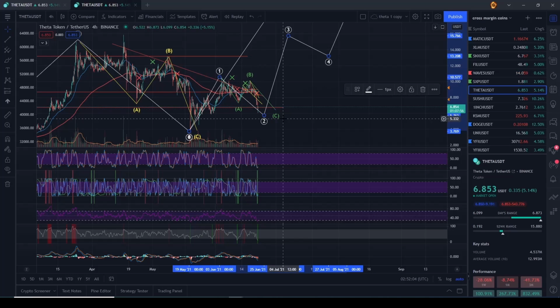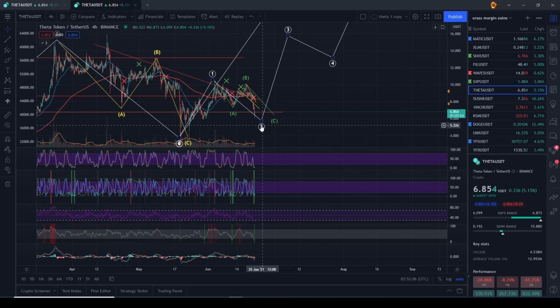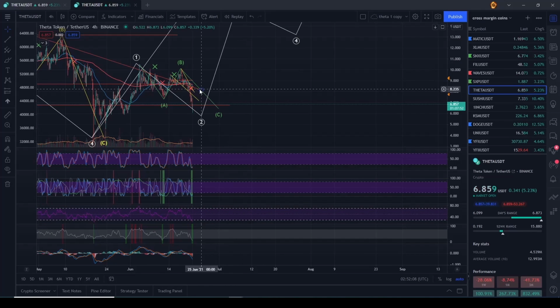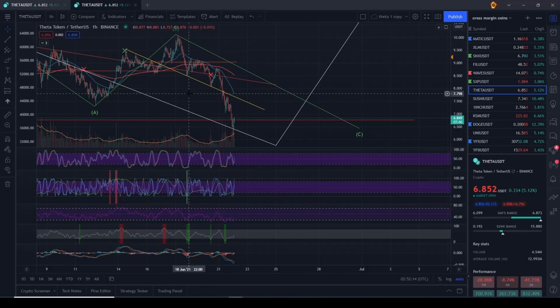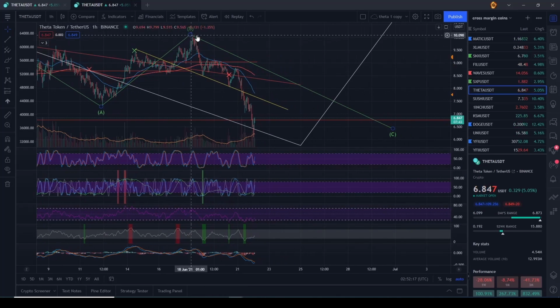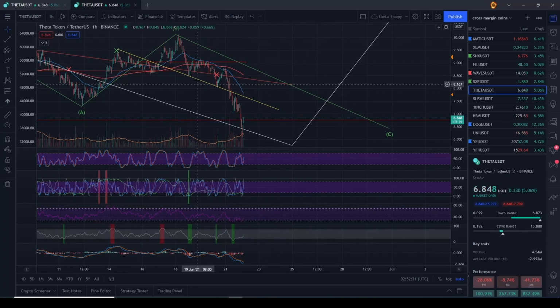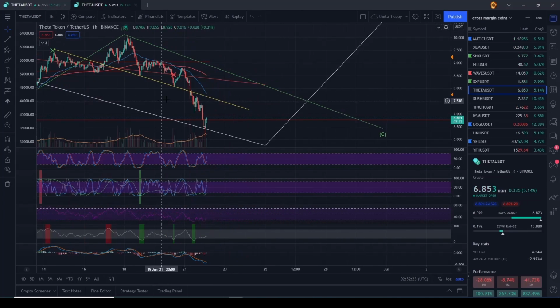And then this ABC was drawn also, I think, yesterday or before that. And then what I did today is I started zooming in, and I figured since this is a C, we should be seeing 5 waves.